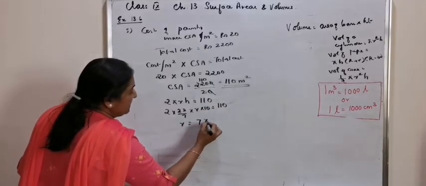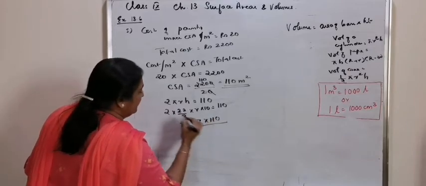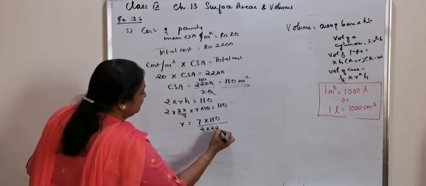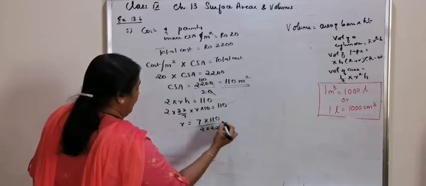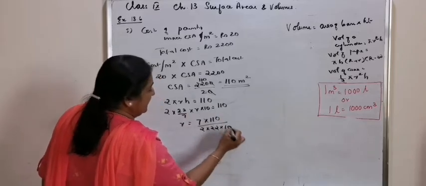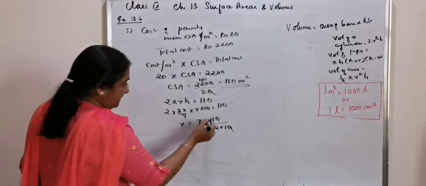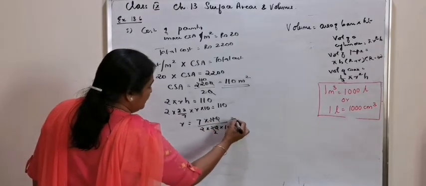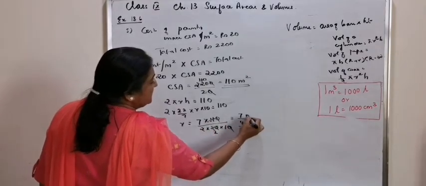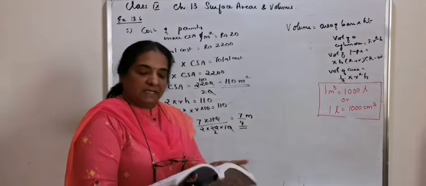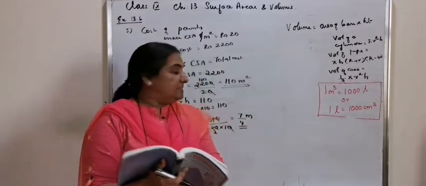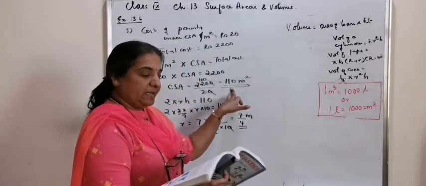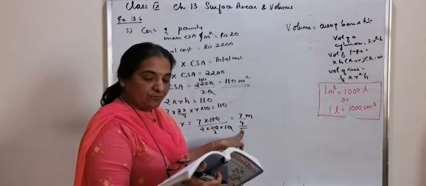R is equal to 7 into 110 divided by 2 into 22 into 7 into 100 by 10. This 10 gets cancelled. 11 2 times, or the radius is 7 by 4 meter. Leave it as such. The inner curved surface area is 110 meter square. Radius of the base is 7 by 4 meter.